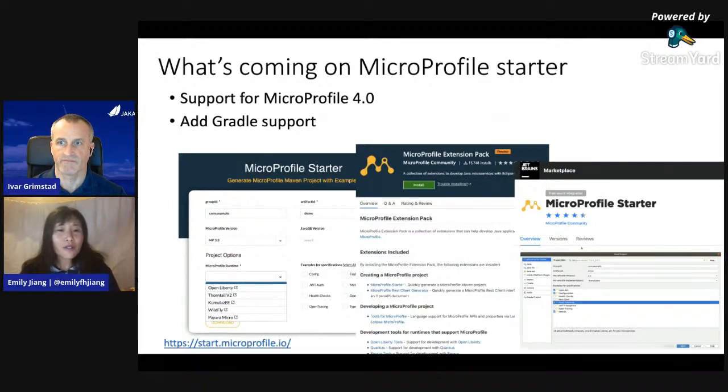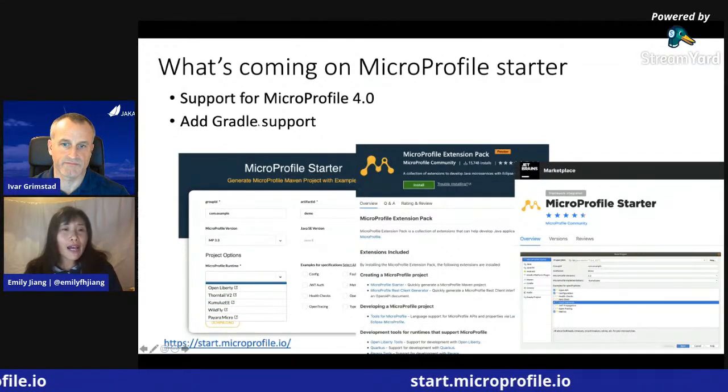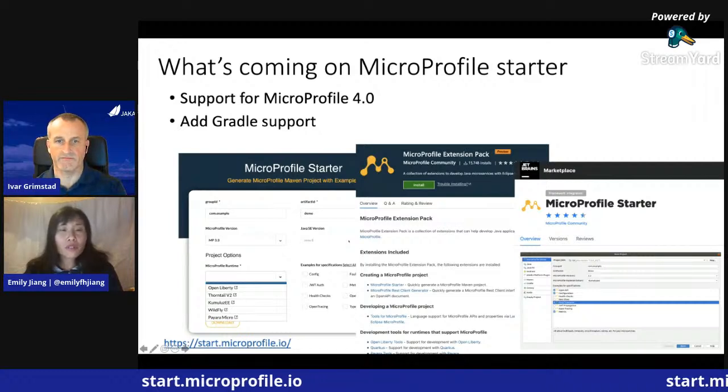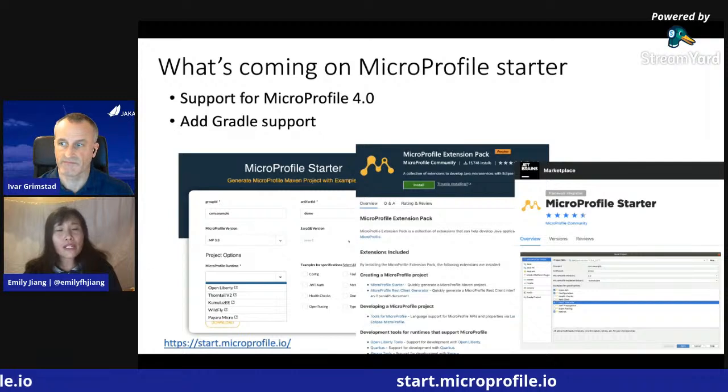You go to start.microprofile.io, or you can use the VS Code extension or IntelliJ extension. At the moment, it supports 3.3, and we'll work on 4.0 once we have a runtime available for you to play with. We are also trying to add Gradle support. At the moment, you can create a Maven version but you can't create a Gradle project. Now we are working on that as well.